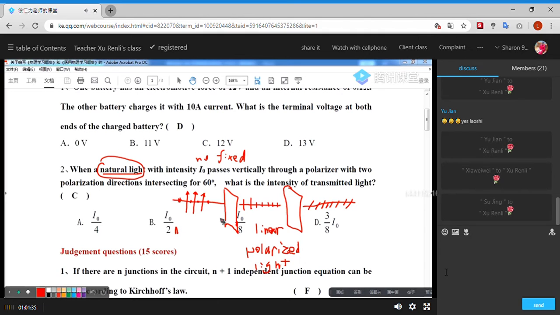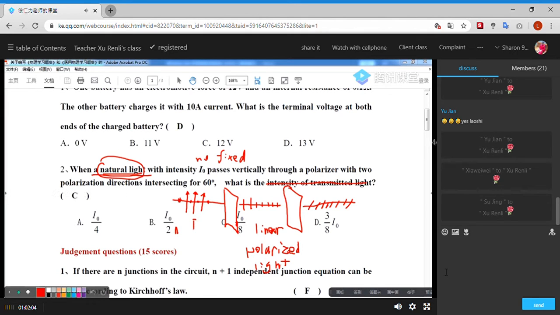Here, this question asks us what's the intensity of the transmitted light. We need to use Malus's law. According to the property of natural light, when natural light passes through a polarizer, the intensity becomes half.